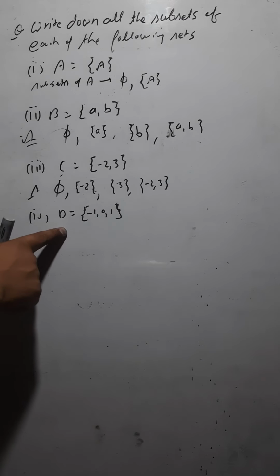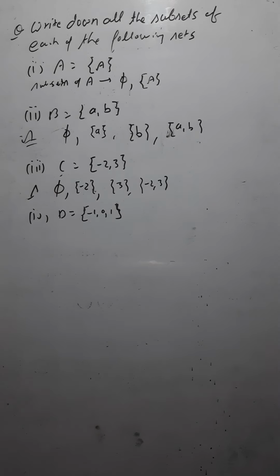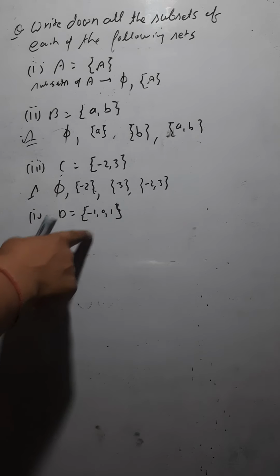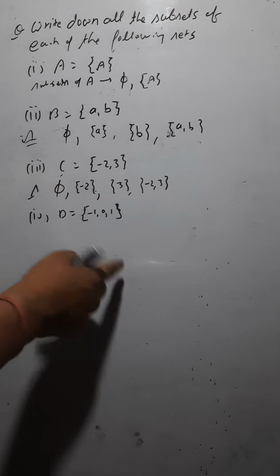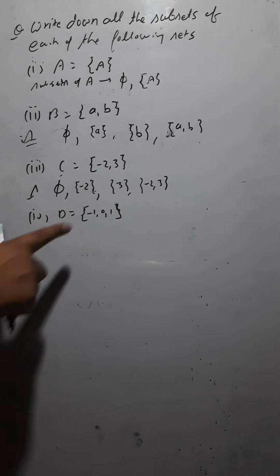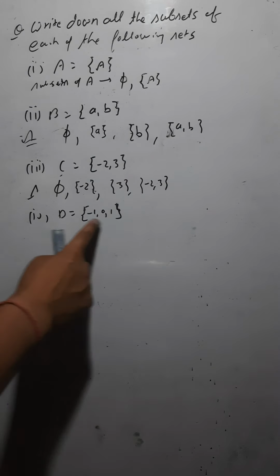Okay. Similarly, you have to write the subsets of D also. Can you write it? Phi, -1, 0, 1, then -1, 0 together, 0, 1 together, then -1, 1 together, then all the 3 you would write together.